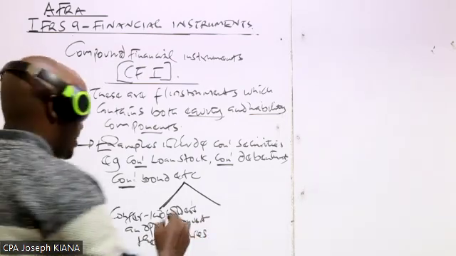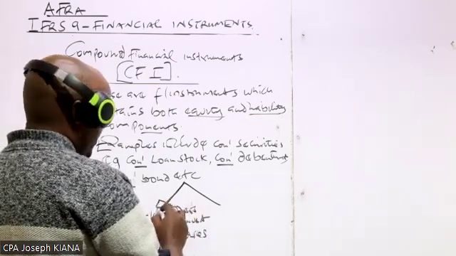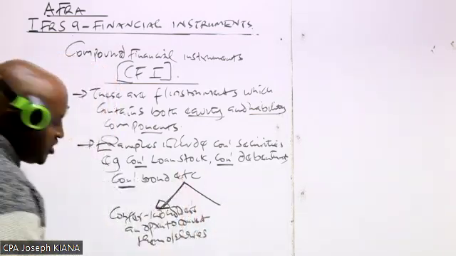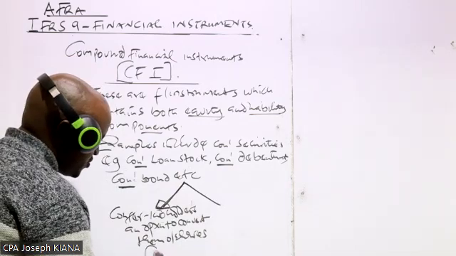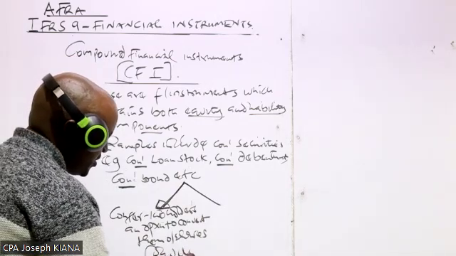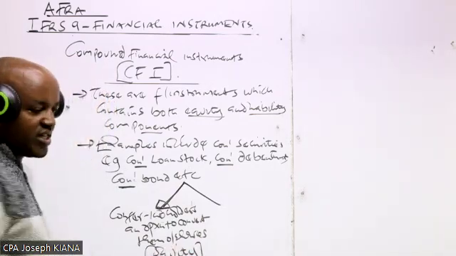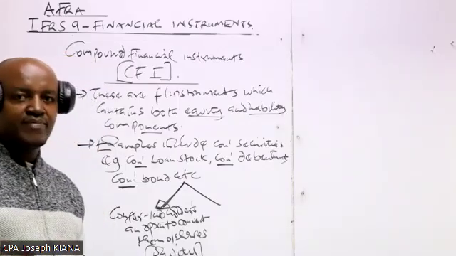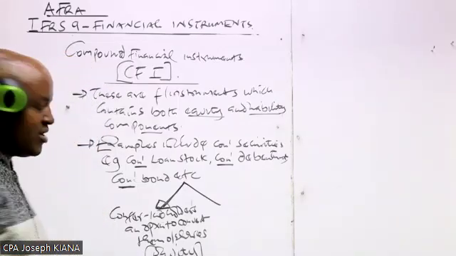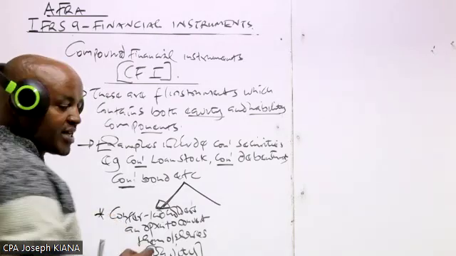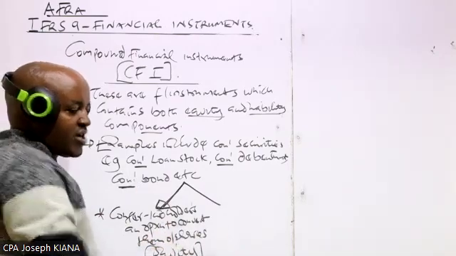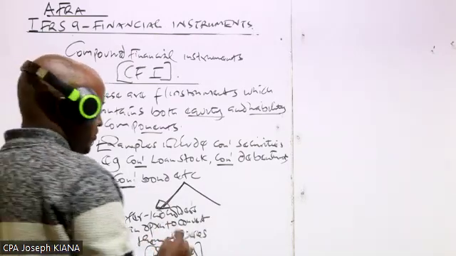And this right to convert these securities into ordinary shares is itself known as equity, because equity is like the right to receive ordinary shares of the company. So that's why, number one, they contain an equity component. They give the holders an option to convert them into ordinary shares of the company.